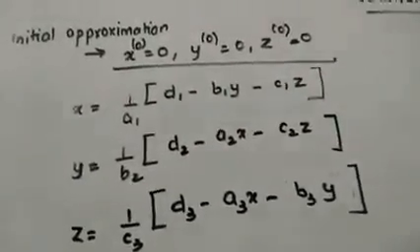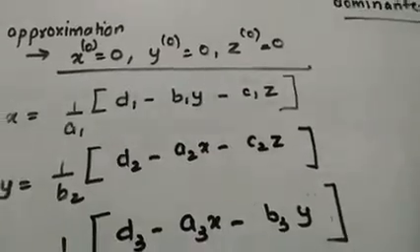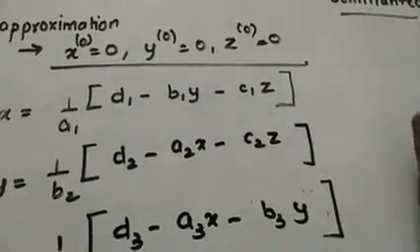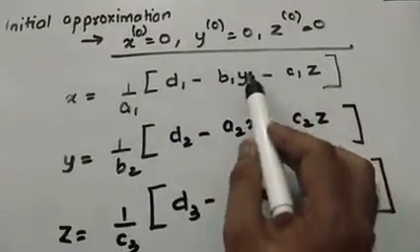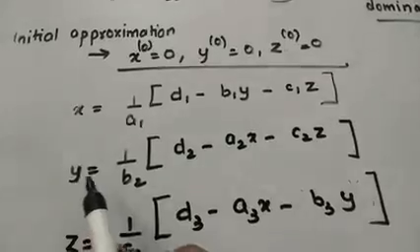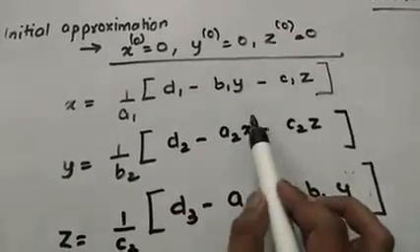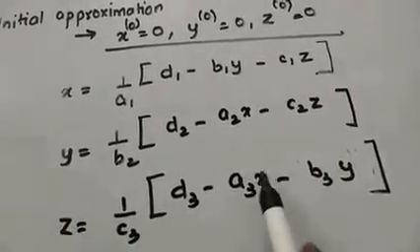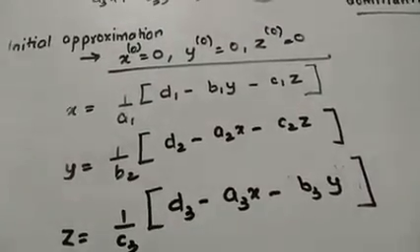So this is the iteration formula, but now there is a difference. In Gauss-Jacobi we write x to the power k plus 1, y to the power k plus 1, using the kth values of the other variables, for example z to the power k. This we have done in Gauss-Jacobi.